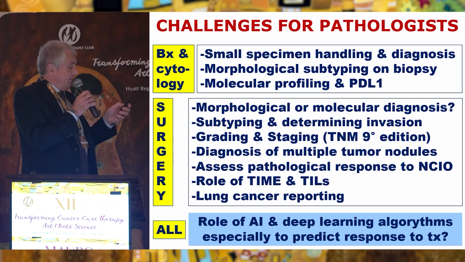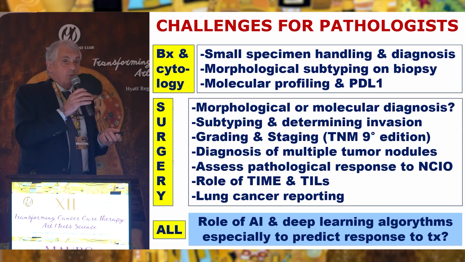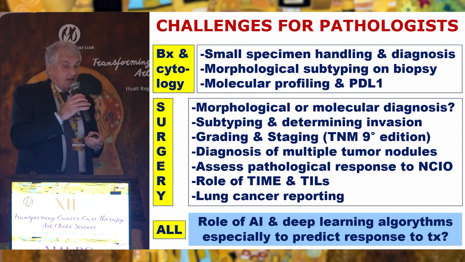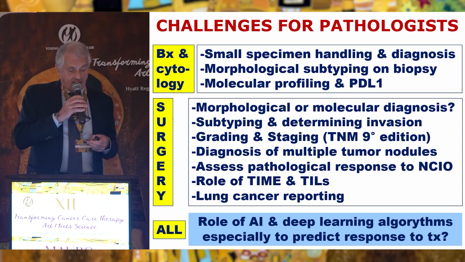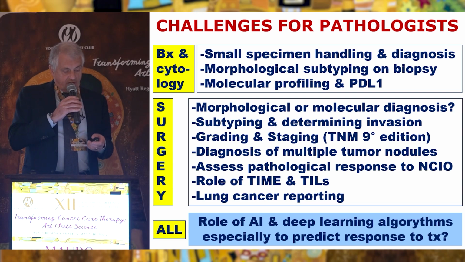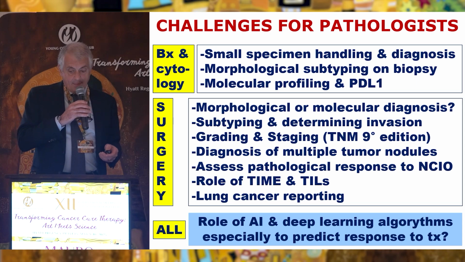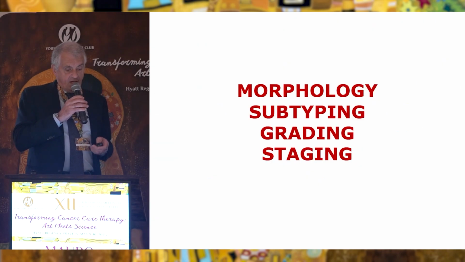Of course, the first yellow box is the cytology, a small biopsy, small specimen, which are the most common specimens which we receive in the laboratory. Of course, sometimes there are surgical specimens. Rarely lung cancer can be operated on, and there are additional questions. I will try to shortly summarize some of these issues.